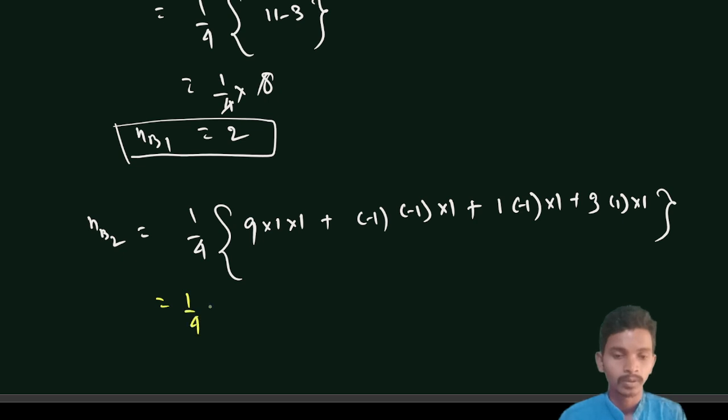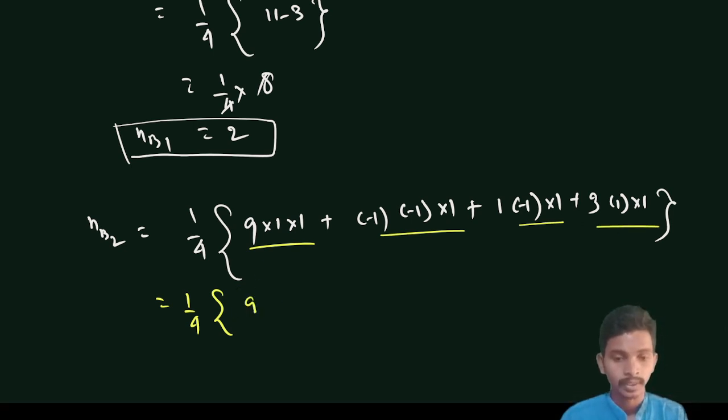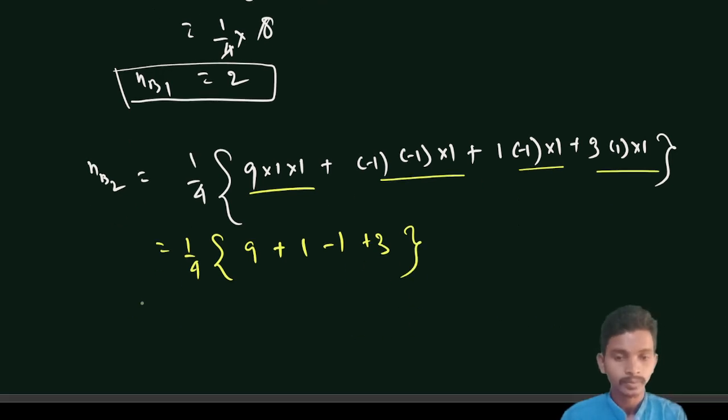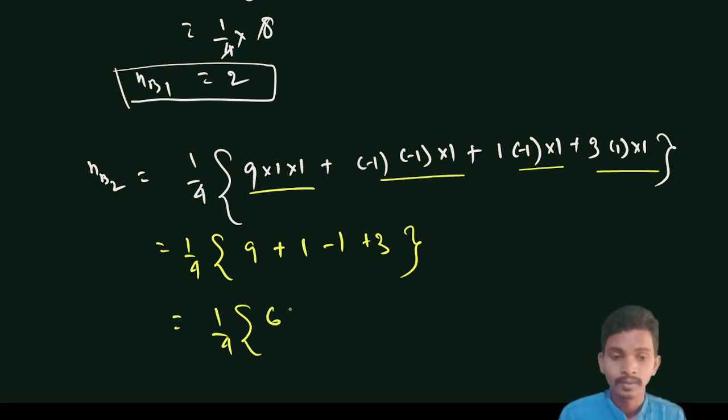So if you calculate it, then 1/4, this is 9, this is 1, this is minus 1, and this is 3. So 9 plus 1, this is minus 1, this is plus 3. If you add it up, then this is 9, 10, and this is 9, 9, 3, how much? 9, 6, something is wrong. 9, 12, 9, 3, 12.